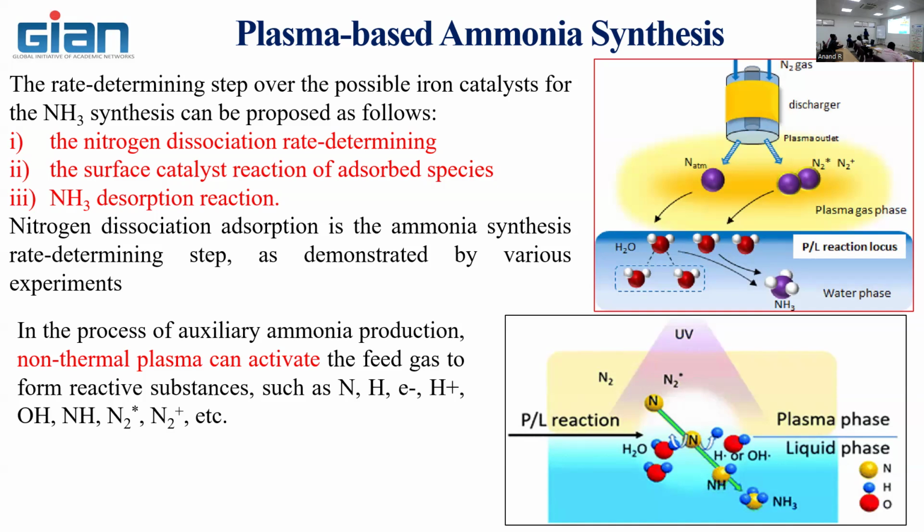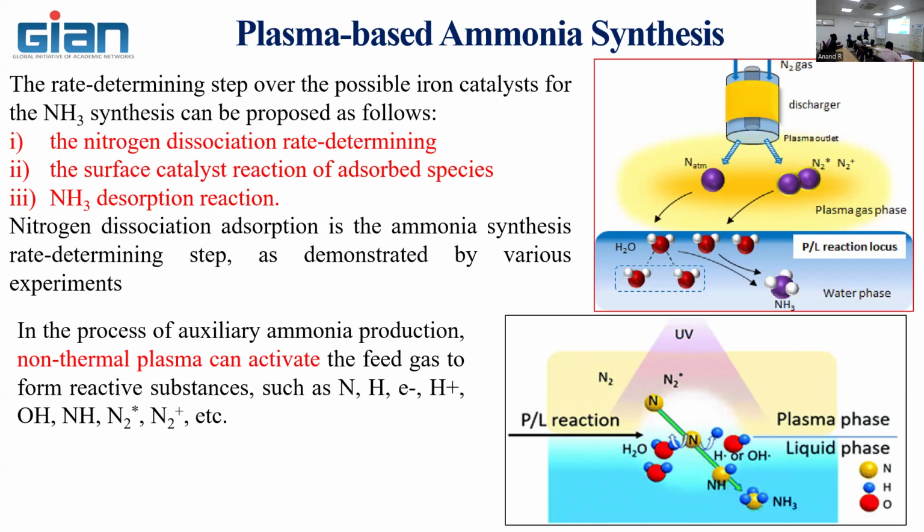Nitrogen dissociation is the rate determining surface catalyst reaction of the adsorbed species, followed by ammonia desorption reactions. In one paper they proposed it this way: nitrogen dissociation and adsorption is the ammonia synthesis rate determining step, as demonstrated by various experiments.